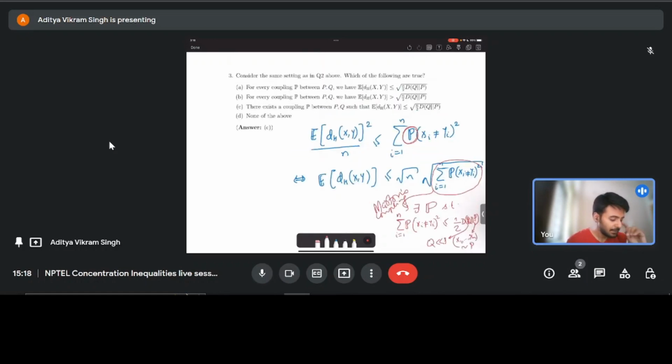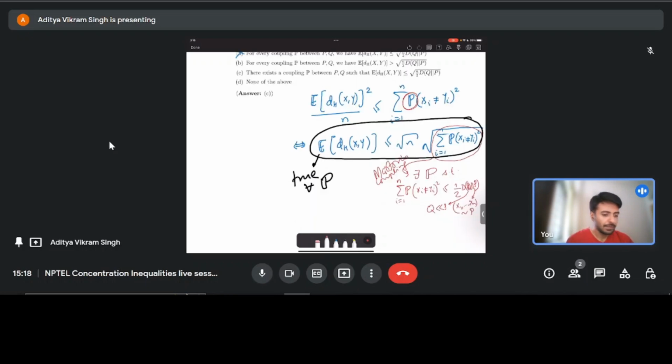Okay, so let's look at the options. For every coupling we have, okay, so this is not true. For every coupling, this thing which I'm circling with this black marker is true for every coupling P. But relating it to the KL divergence between Q and P, for that we need a special coupling.